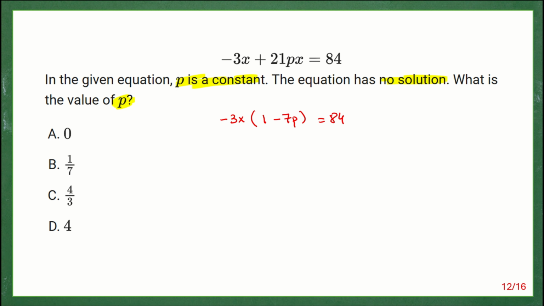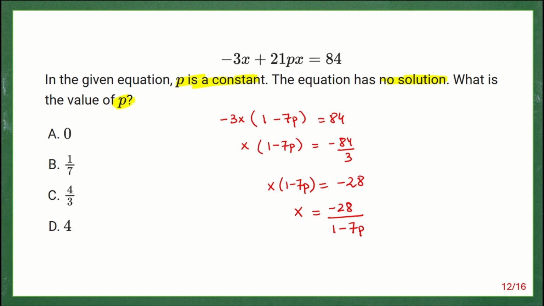Let's divide the whole equation by negative 3, so this becomes x times (1 minus 7p) equals negative 84 over 3, and we can simplify this to negative 28. Further, I can move 1 minus 7p to the other side, so it will be in the denominator.